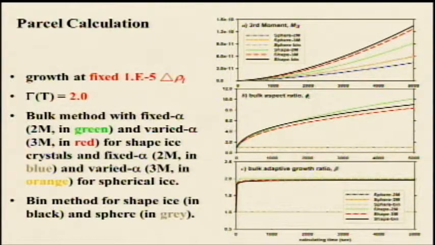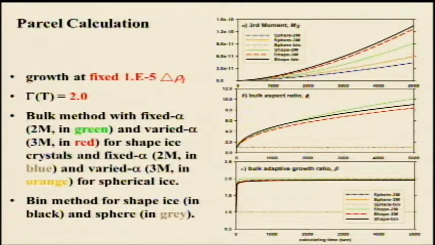Here are some examples of the effects. The blue line here is the traditional way: spherical particles with 2 moments. This is time, and this is the mass. The top curve is the calculation from the bin model. That's the most accurate one. So you see a very large difference, maybe more than 2 times difference in the mass growth.